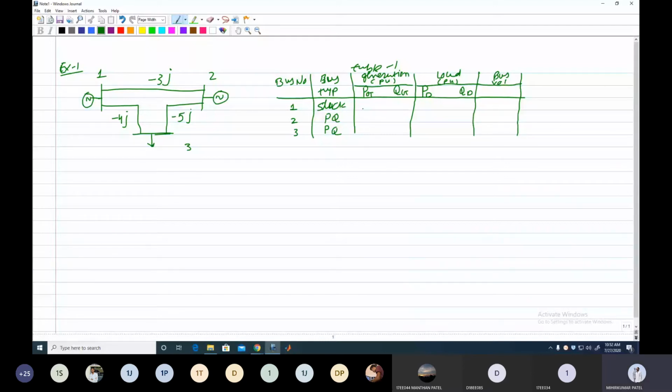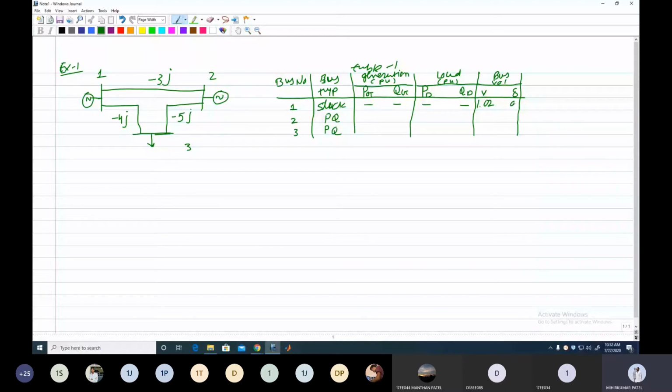For the slack bus, as we know, only the voltage magnitude and angle are provided, so the rest of the quantities are not specified. The bus voltage magnitude and angle delta on the slack bus is 1.02 angle 0.